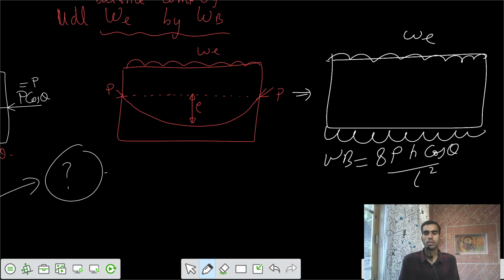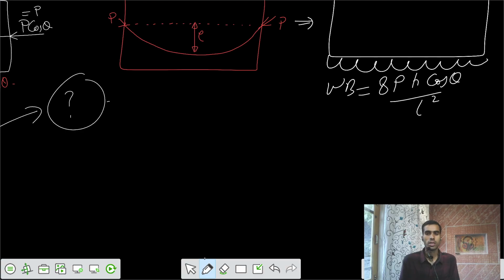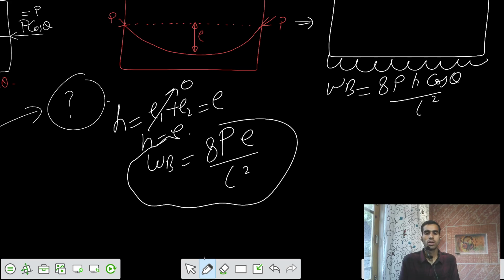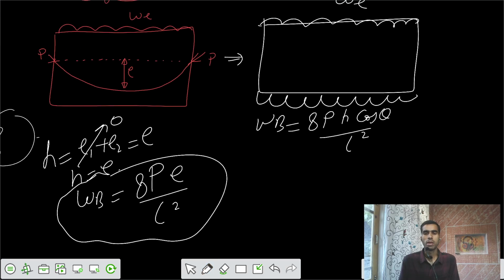If I say cos theta is almost equal to 1, and your H value is equal to E1 plus E2, which equals E, because your E1 is equal to 0. So I would write H equals E. So the balancing load is equal to 8PE by L square. So your W external should be equal to W balancing, that is 8PE by L square.